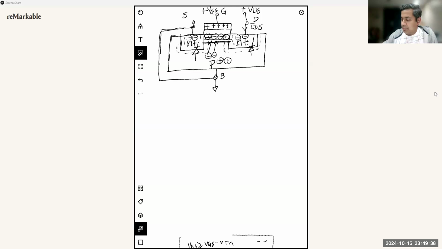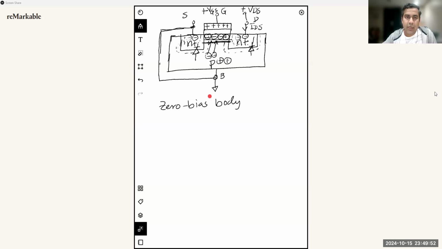And as long as that happens, we call this condition a zero biased body connection, because it's connected to ground and there is no voltage difference between the source terminal and the body terminal. But oftentimes what you will see in large systems with MOSFETs, all of the body terminals of NMOSes will be tied to ground or the lowest potential of your circuit.